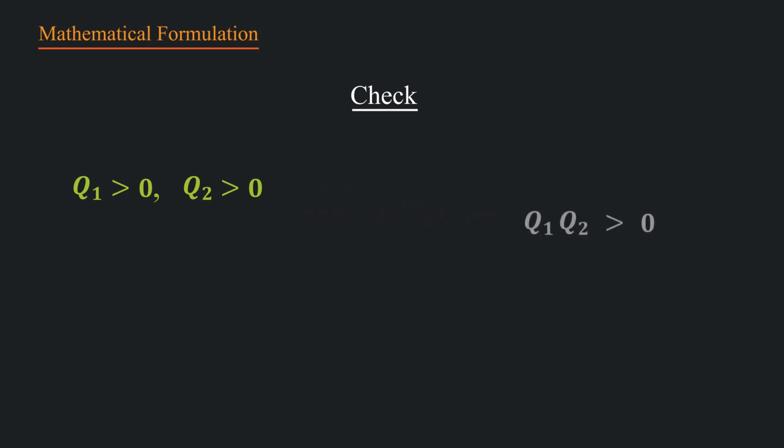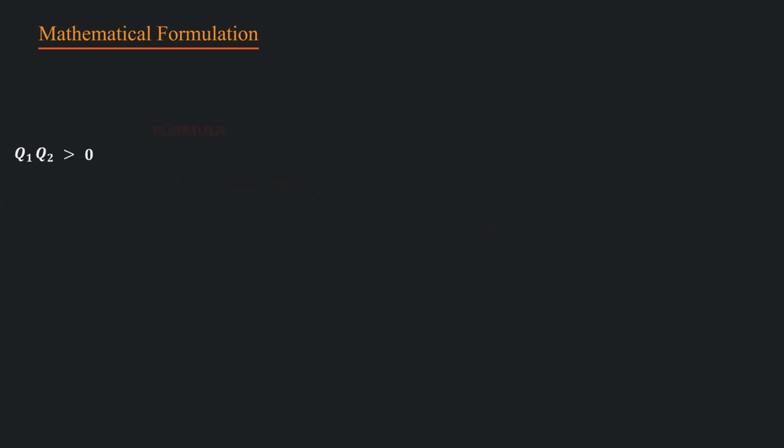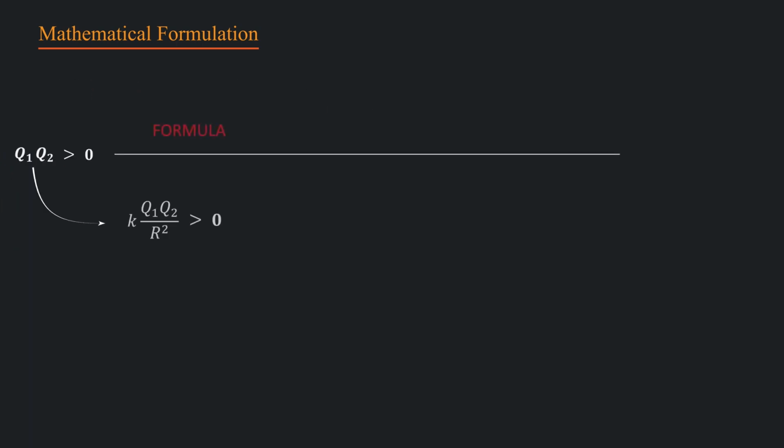For same charges Q1, Q2, either both positive or both negative, their product Q1 Q2 is positive. Since k and r squared are always positive, k Q1 Q2 over r squared is also positive. This means the direction of force is the same as the unit vector we defined previously.